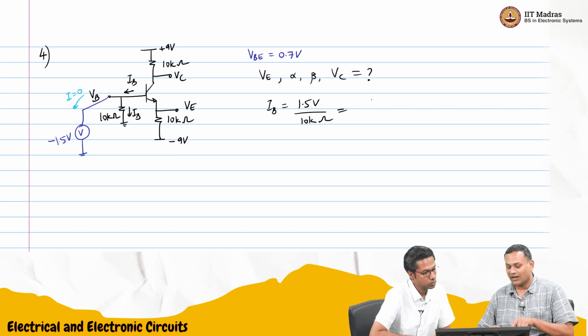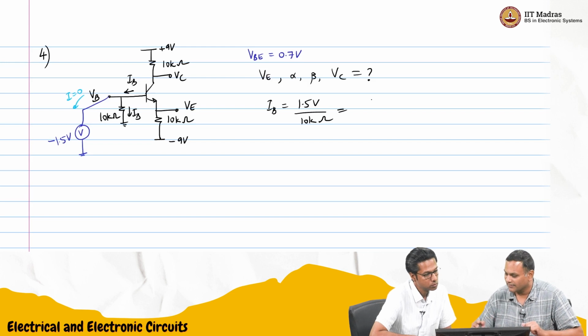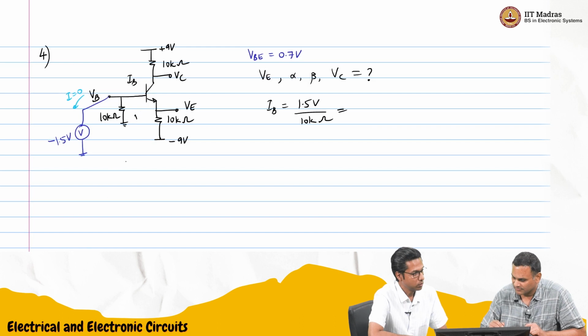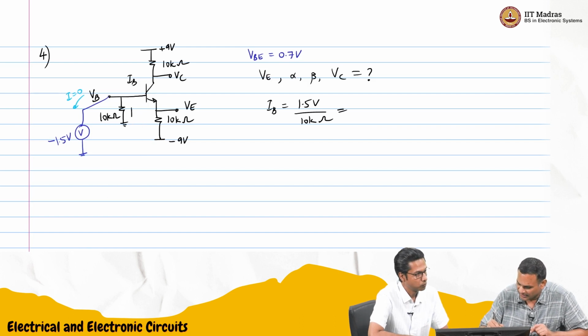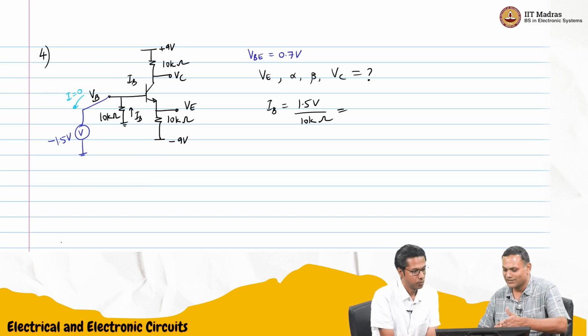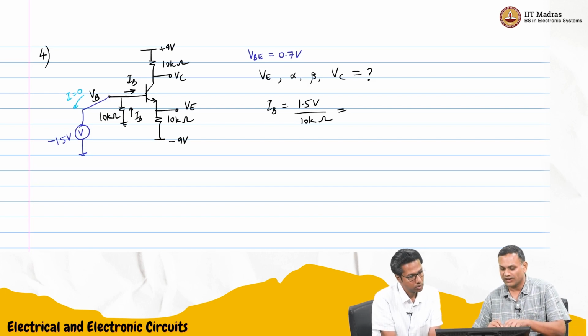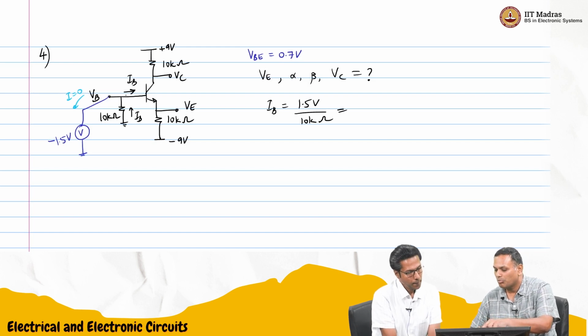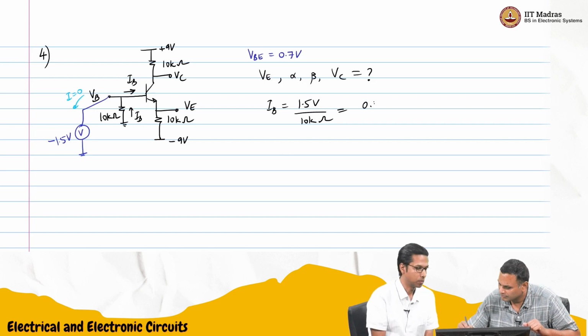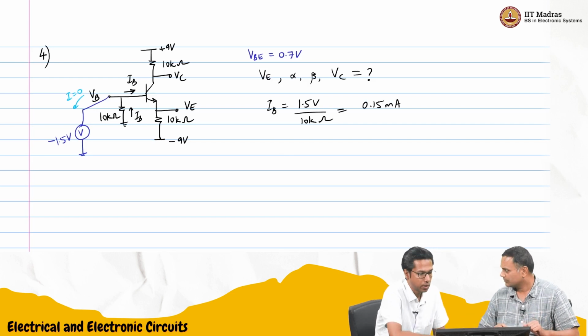Base current is flowing the other way, of course, because we have a negative voltage. The minute you know the base voltage is minus 1.5 and this is 0, current has to be flowing like that. The value is correct: 1.5 divided by 10 kilo ohms is 150 microamperes, or 0.15 milliamperes.